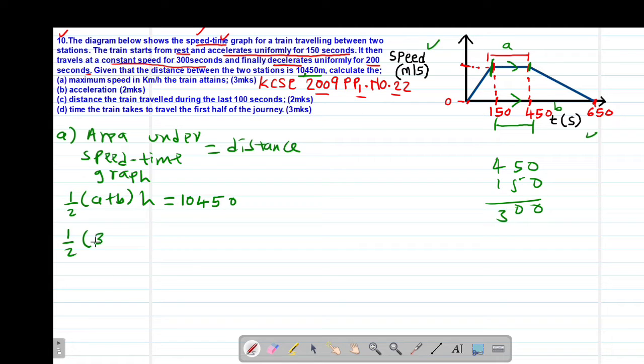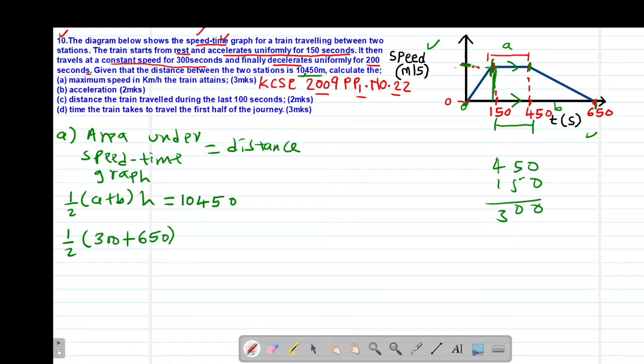So this is 300 seconds, plus our side b, which is the distance from this particular point up to this other point, which is 650 seconds. Then we multiply with the height, which is the perpendicular distance between the parallel sides, equal to our maximum speed.